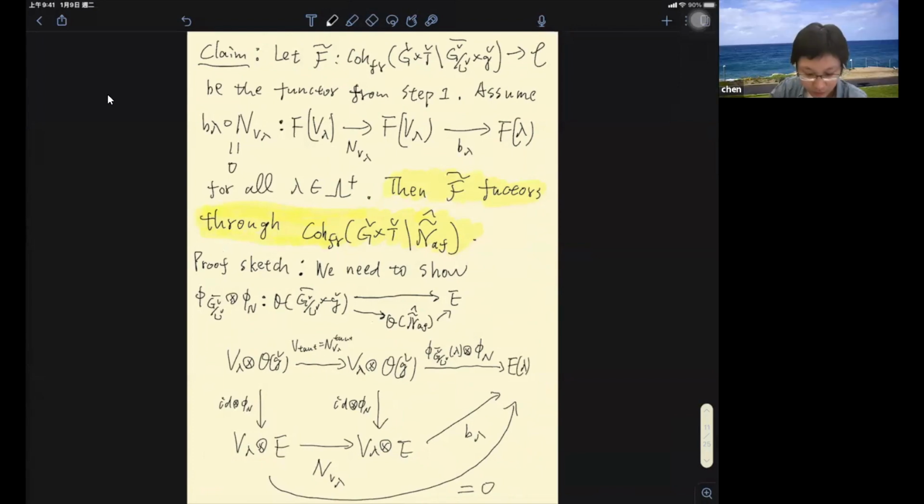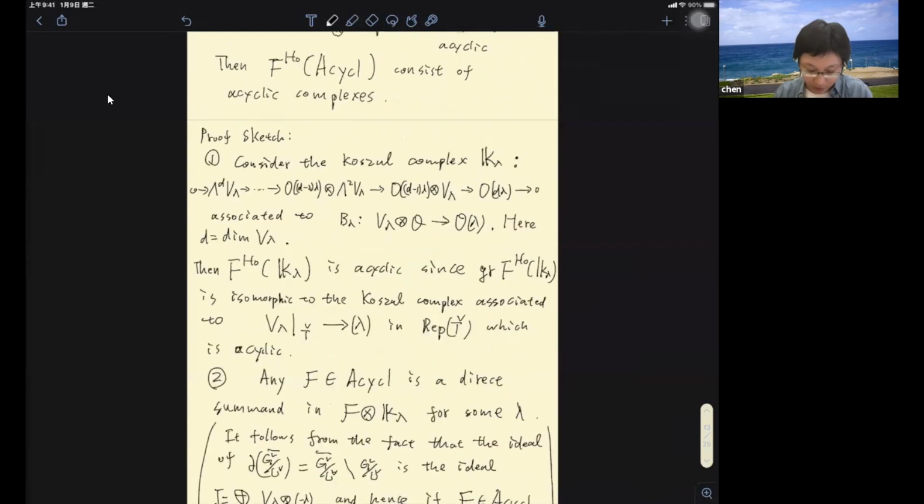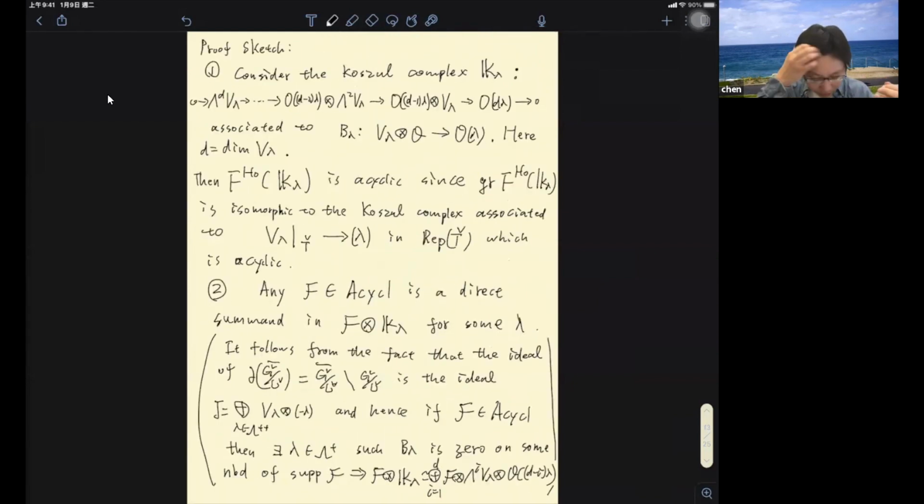Yeah, I think it's a sum of the weight spaces. But the point here is that this Koszul complex is acyclic on G check mod U check. It's not acyclic on the boundary, on the affine closure.